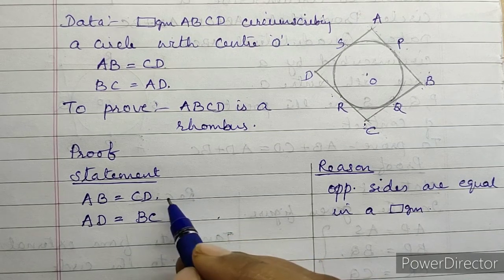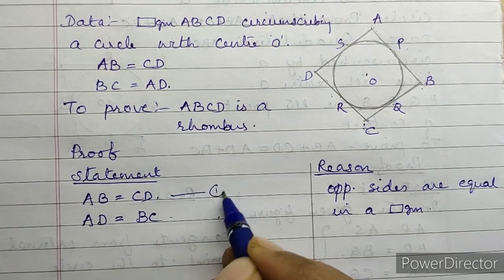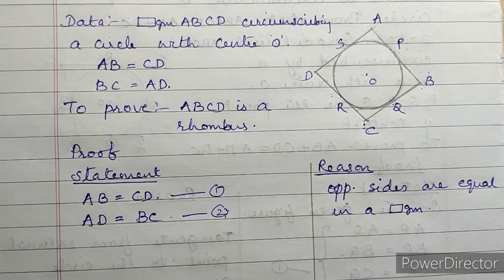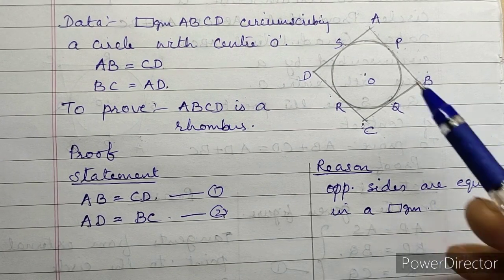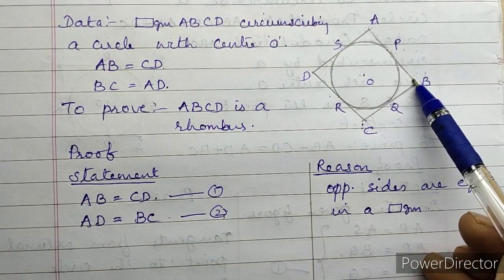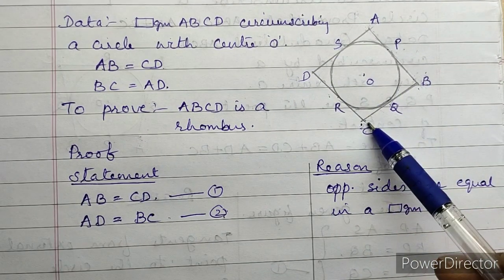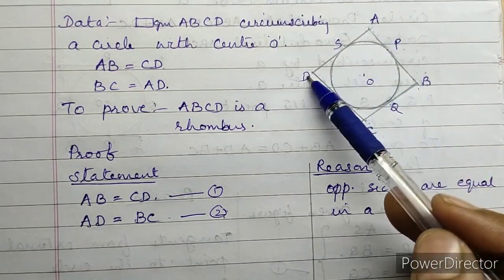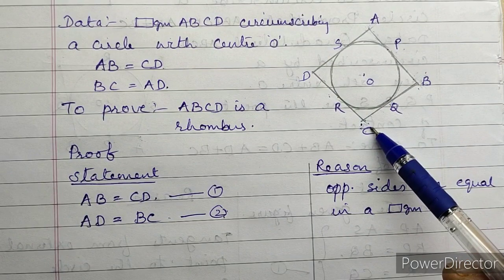Now make it as number 1 and number 2. Now see the diagram. AB and CD are opposite sides, AD and BC are opposite sides.